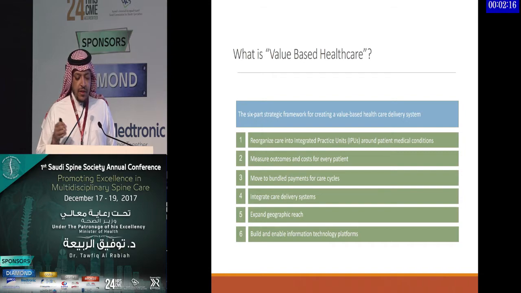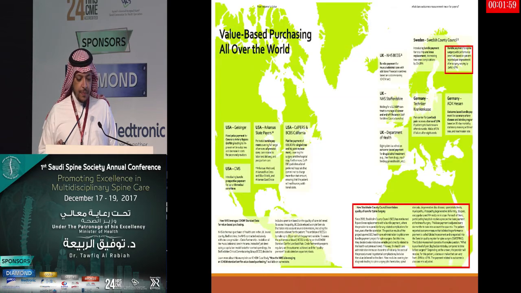And then obviously this is at the individual institutional level. Then you can expand this across a whole system of delivery and across different geographic areas, and all of this will need to be supported and enabled by information technology platforms.